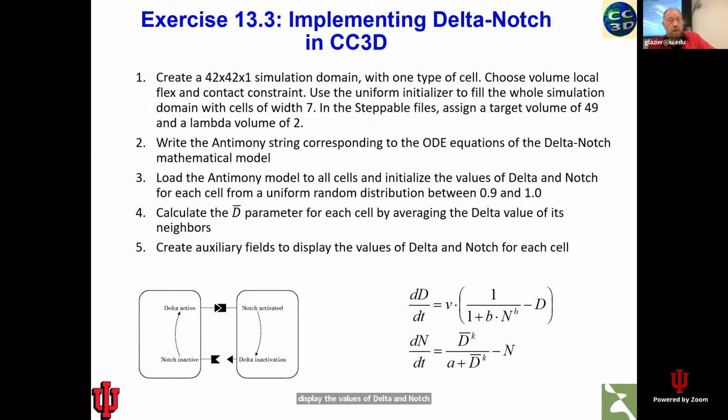The only thing that's different from the example we just did, 13.2, is that we are going to read the values of our neighbors and average. So everything you need for this model was done in the simulation we just finished in 13.2. Okay?